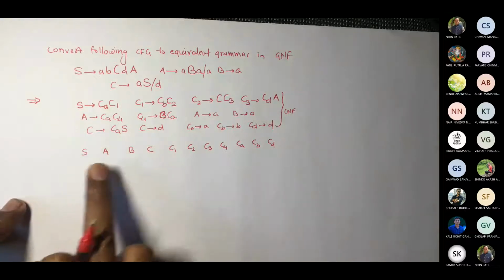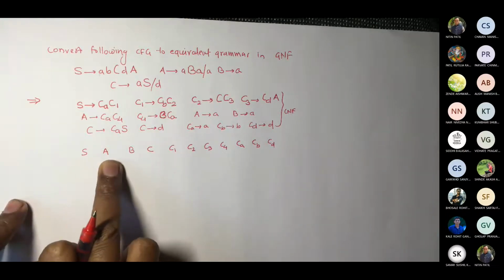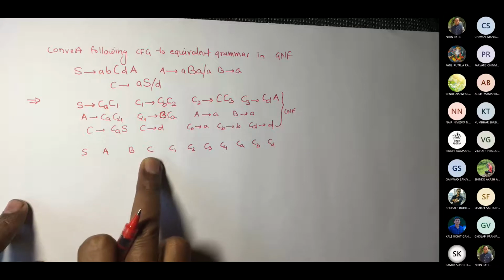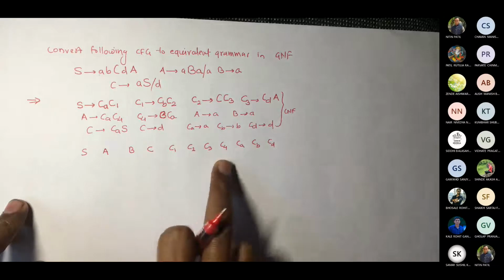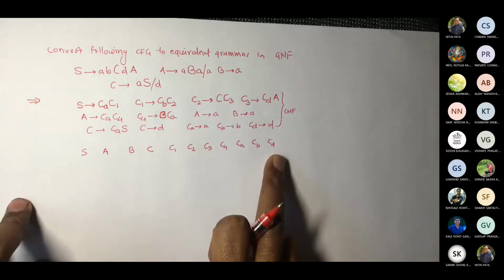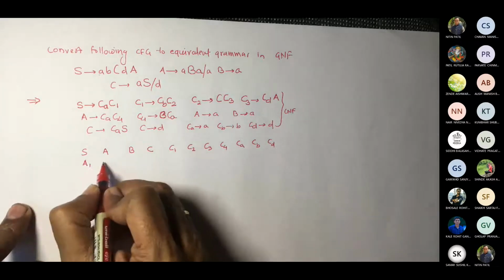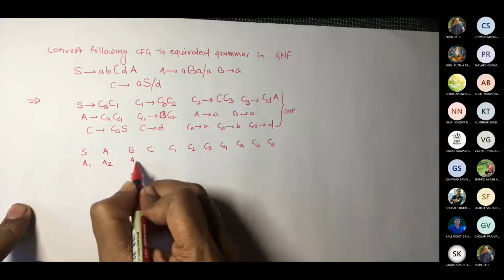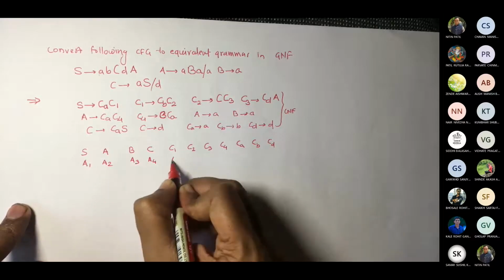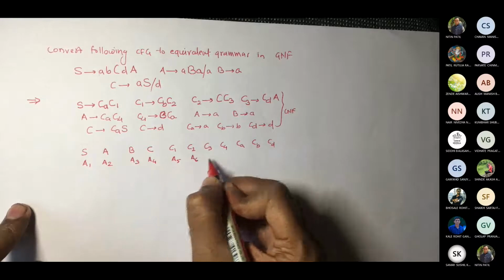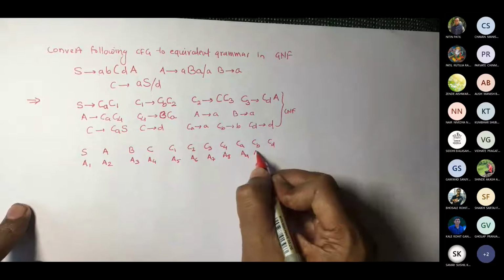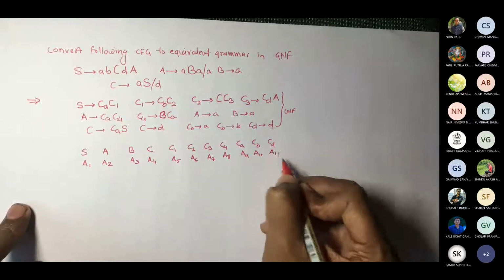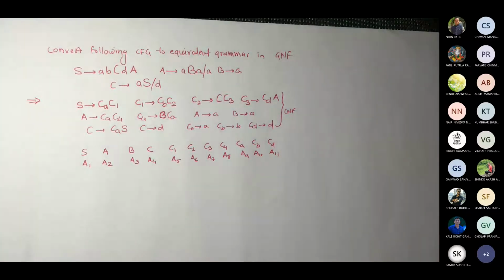We wrote them in order. I started with the start variable, then A, B, then C, then C1, C2, C3, C4, because they are the ones which are used, and then CA, CB, CD. So rename them A1, A2, A3, A4, A5, A6, A7, A8, A9, A10, and A11. Is that fine?